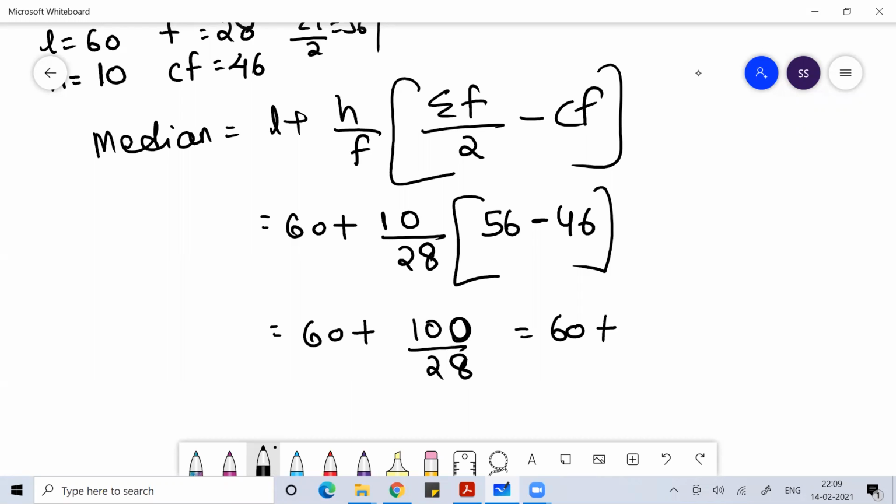So this 100 by 28 is like 3.571, 3.5714 something. So the median value is 63.5714. That is your median value.